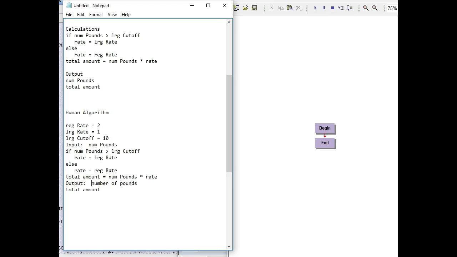So if I do it flawlessly and you make a mistake, so this number of pounds is not right either. I said I fixed it here, but then I didn't fix it down here. So these have to be the same thing, or I have a problem. And actually, I would have noticed that in my flowchart also. My flowchart would not have worked correctly, and then I would have tracked it down.